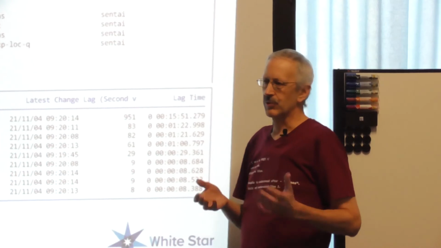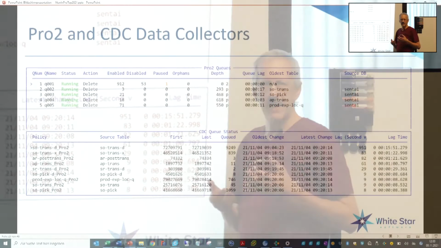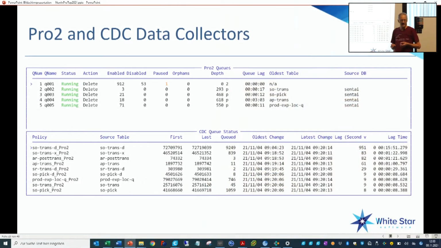So if you're using Pro2 and CDC, one of the things that you want to know is if I'm having any latency, is that because of Pro2 or is it because of CDC? So if you look at the two different lag times, you can usually tell which component of the application is actually at fault here. Very handy to be able to do that.